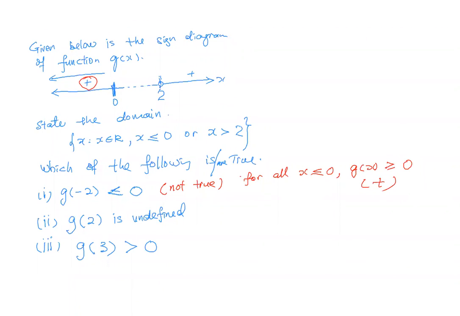Okay, g(2) is undefined, true or false? True, because dotted is not part of the domain. g(3) is greater than 0, true or false? True. You see, I can straight away test your understanding of the sign diagram based on this. So you have to understand what the sign tells you.